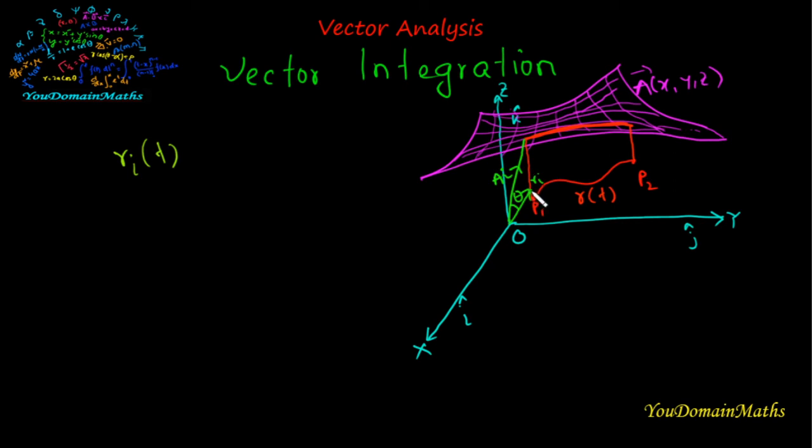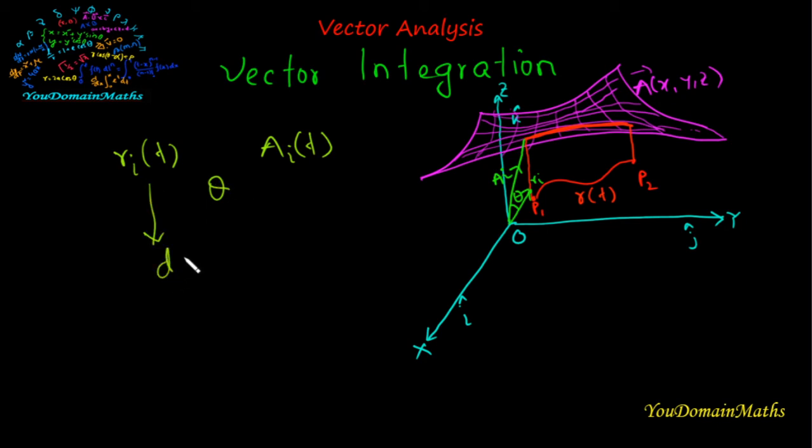So any position vector is defined by r_i, and any vector on the surface and on the curve is A_i. The angle between the two vectors is theta.